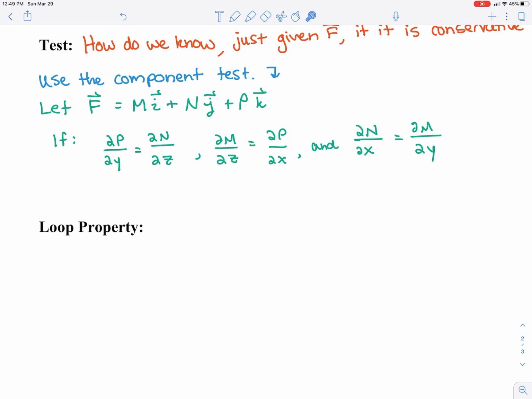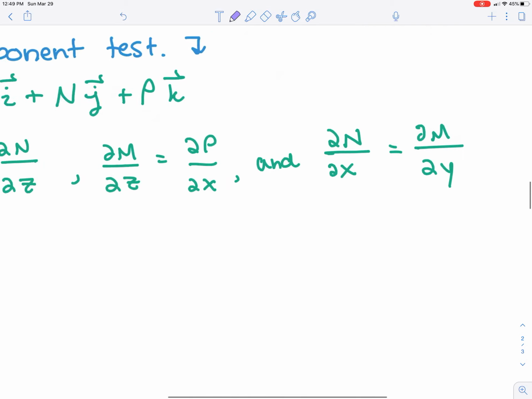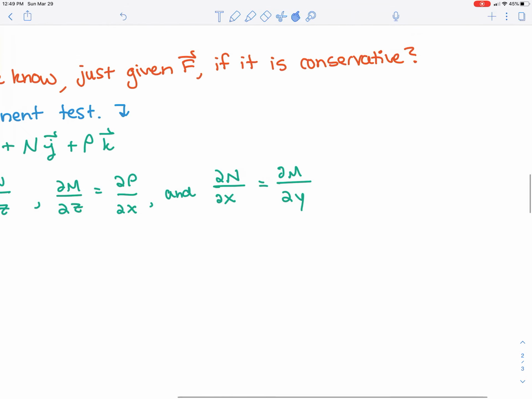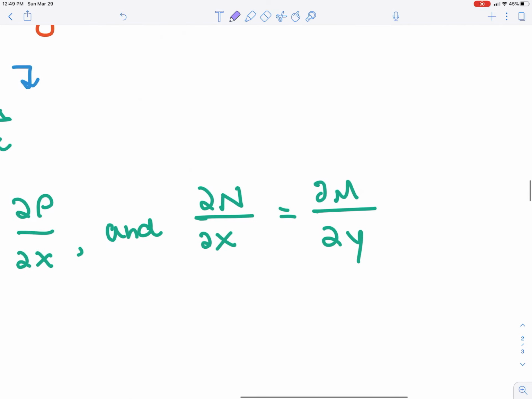Now, if you just have a two-component vector field, which is an i and a j component, then you only need to test this last one, because it will only have M and N components. There won't be a P, so you can't do these two equalities. So all three of these must be true for a three-component vector field. But if your vector field only has two components, then we just do this.